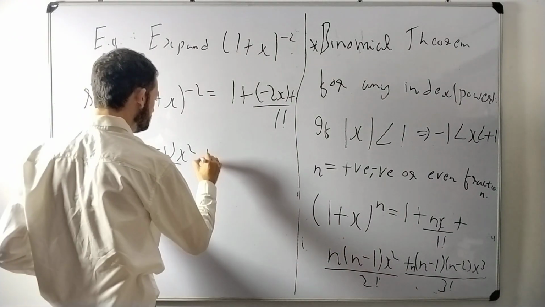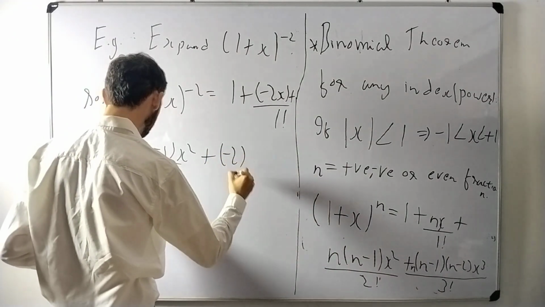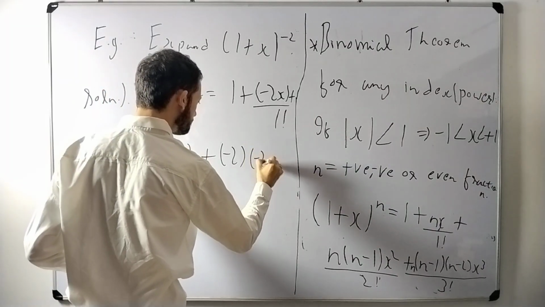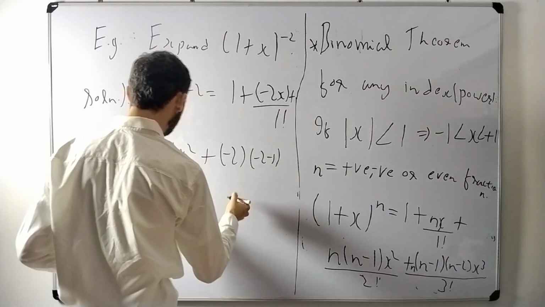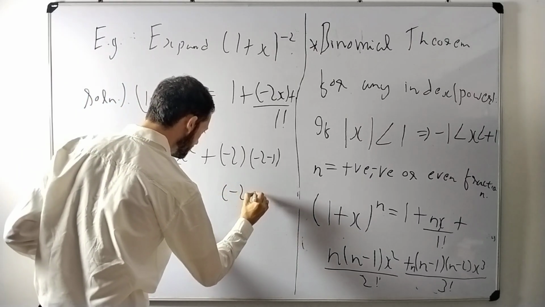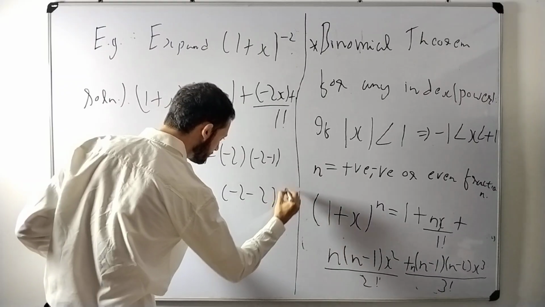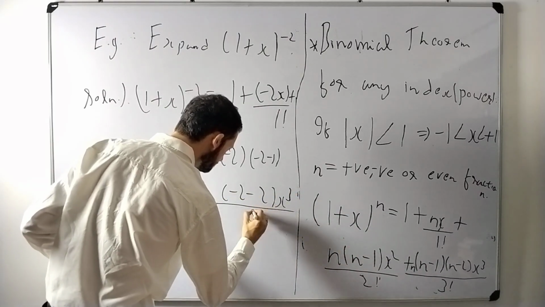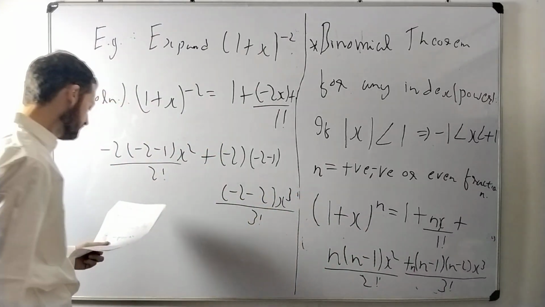This happens to be minus 2, minus 2 minus 1, and again minus 2, I am writing here minus 2, x cube upon 3 factorial, students.